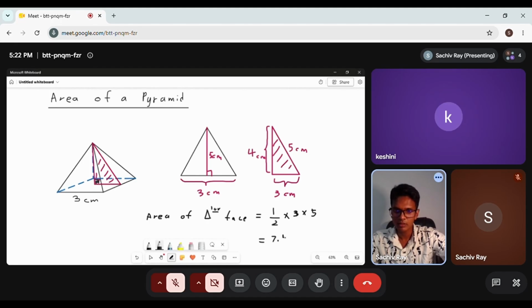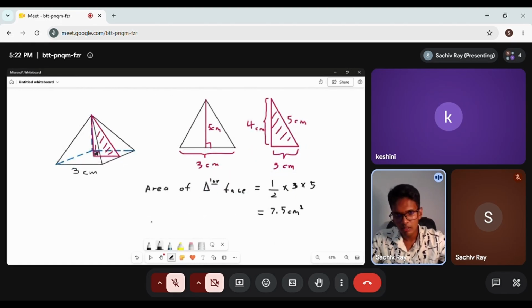Centimeters what? Centimeters squared, because what actually happens is we multiply centimeters by centimeters. That's why I put a square. We're not writing it here, but in your answer you should write that. And then the area of the square face.